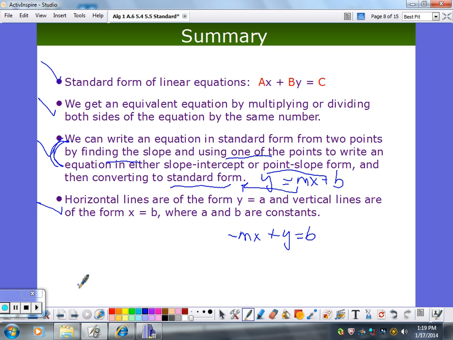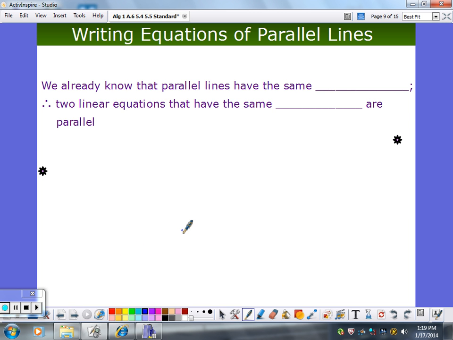Okay, so let's look at the other side now. We're going to be working with parallel and perpendicular lines. Now you know a lot of this too. We already know that parallel lines have the same slope. Is that you, Sean? Nice. Same slope. Because think, if they're tilted the same way, they're going to be parallel.